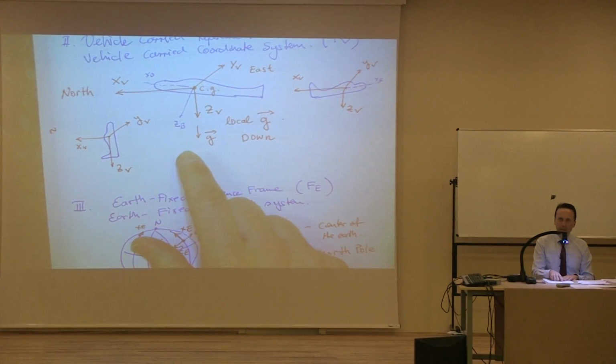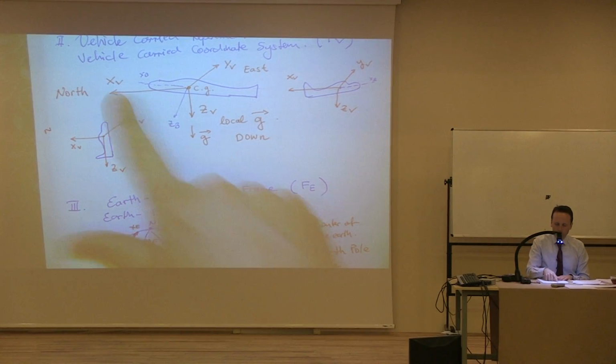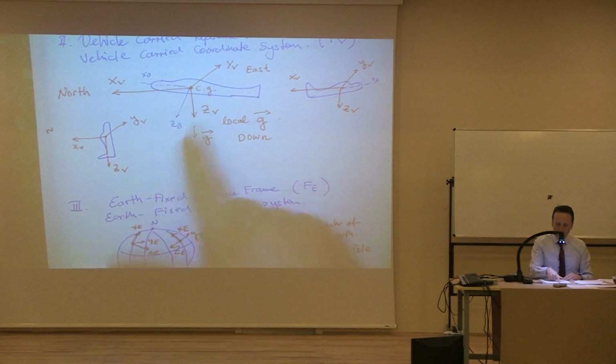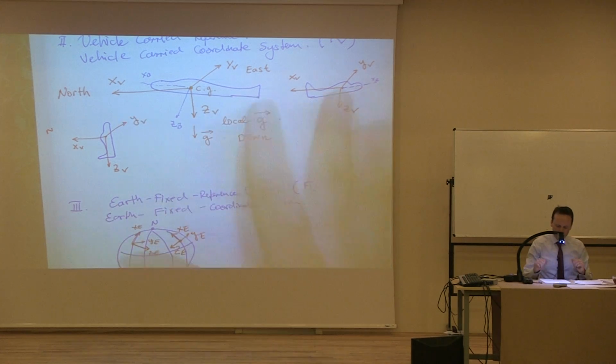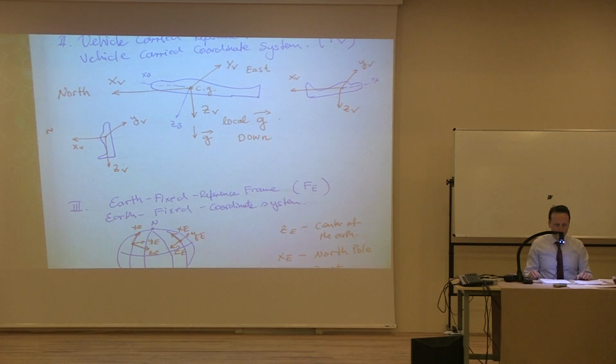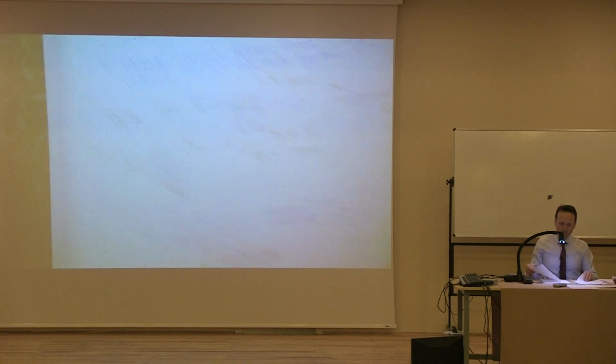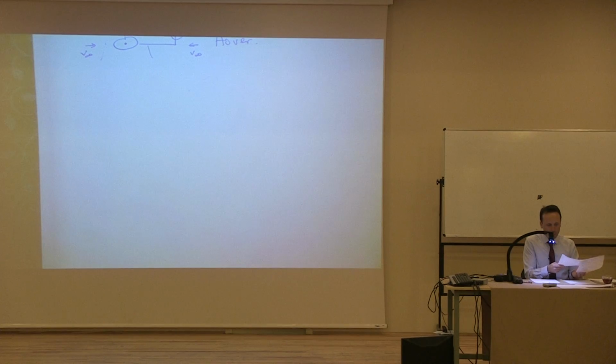So the aerodynamicist is not really interested too much of this coordinate system, for instance. This is just to show the orientation or show other things. But the wind fixed coordinate system is quite important, especially in aerodynamics.